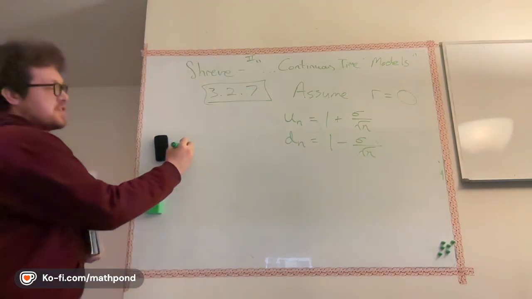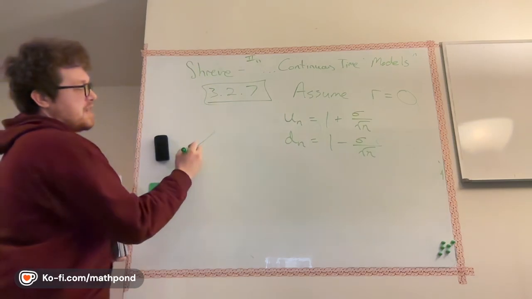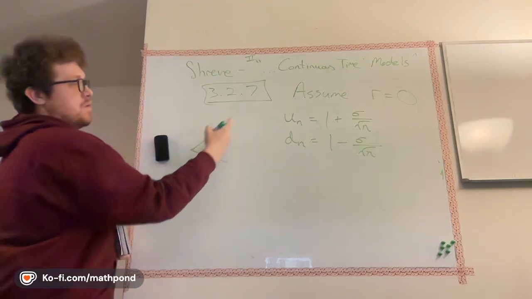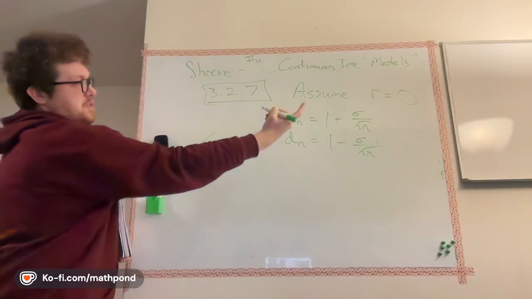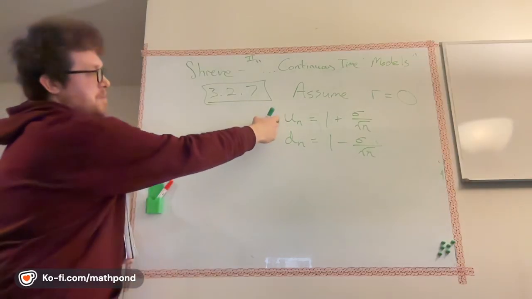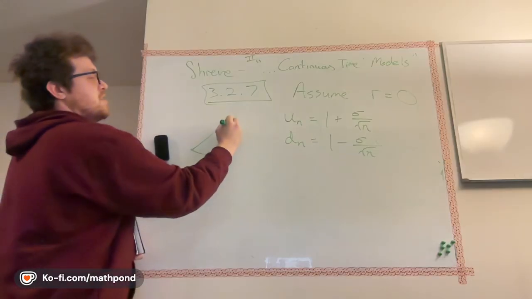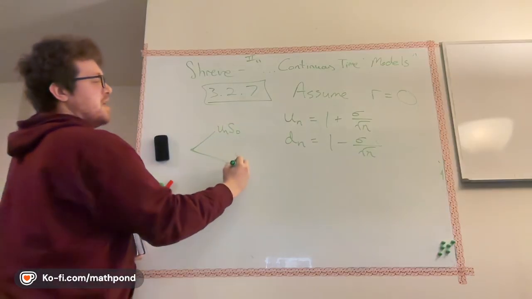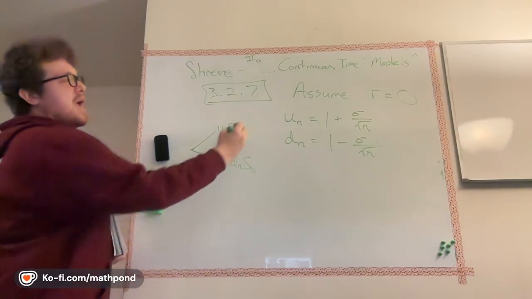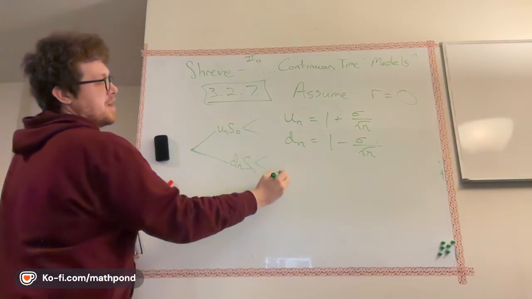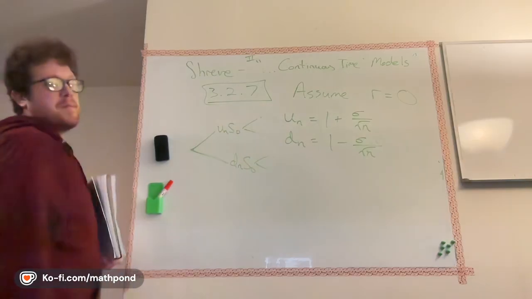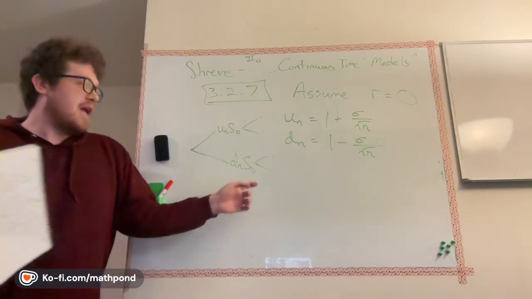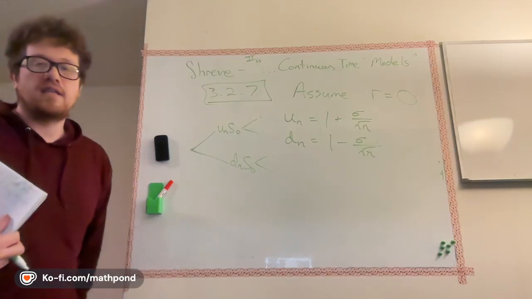And so again, just to remind you, every time the stock goes up, we'll multiply by u_n, so it'll be u_n S0 if it goes up, and d_n S0 if it goes down. And then again, it can go up or down, and every time it goes up, we'll be multiplying by u_n. Every time it goes down, we'll be multiplying by d_n.